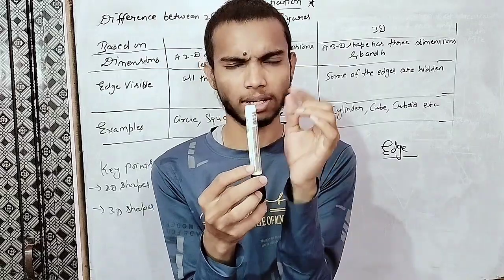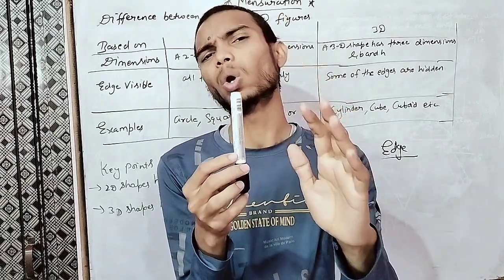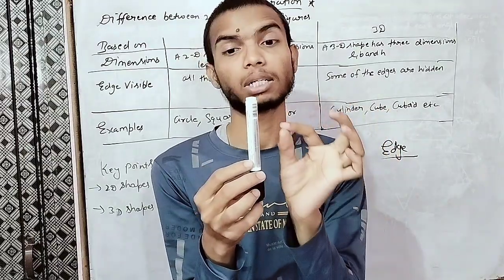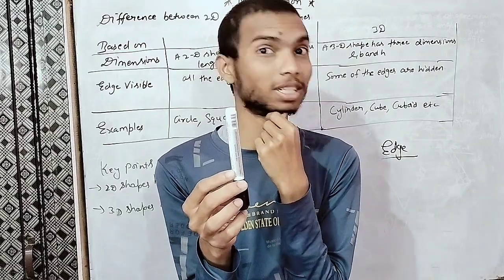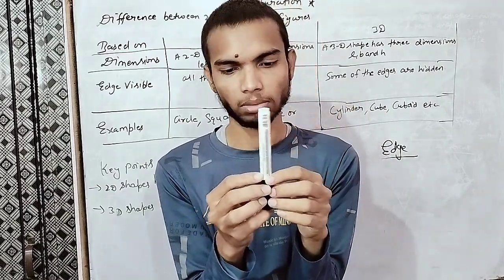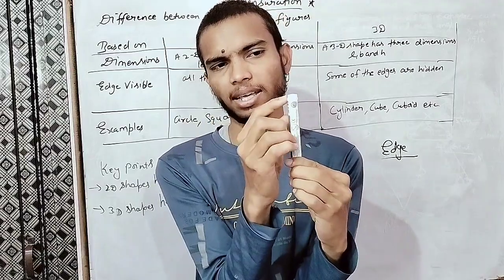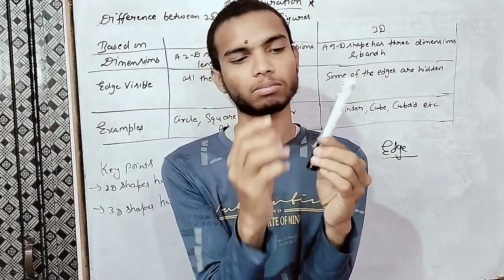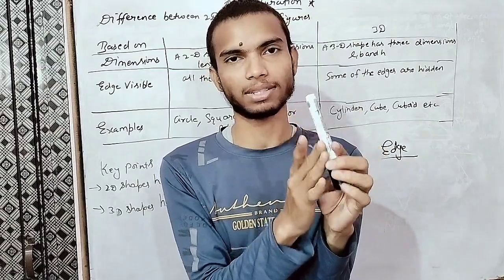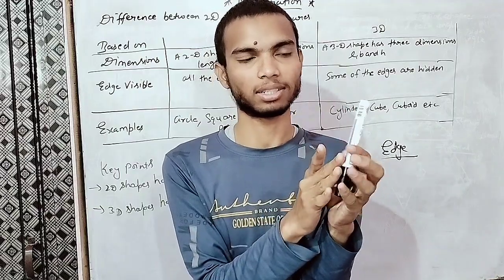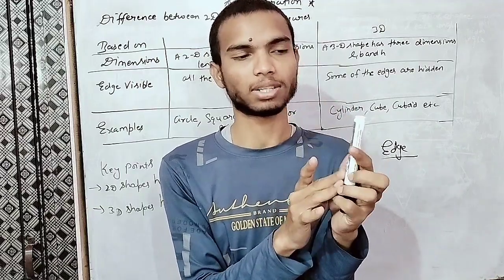Can you tell where the edge of this object is? If not, then let me explain. This is an edge. This is an edge. But here we are not looking at this. This is a plastic surface.